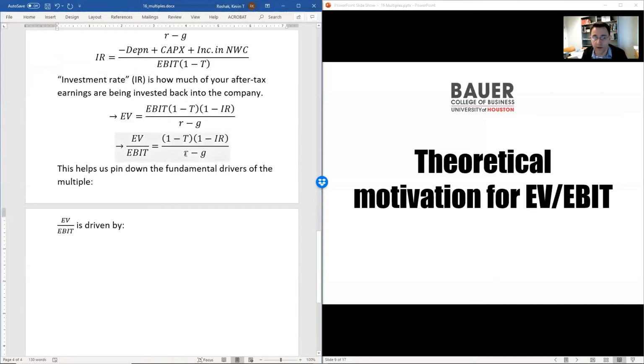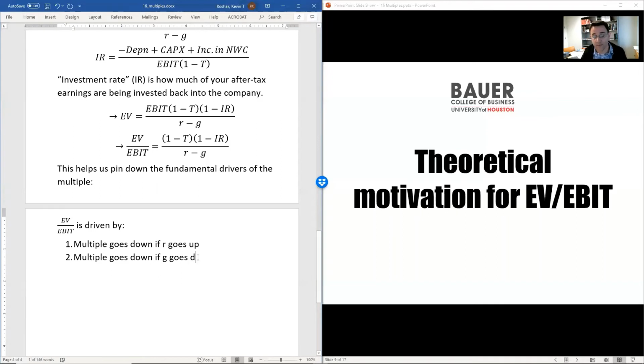In particular, if your discount rate goes up, for example, then your multiple is going to go down. We get the opposite with G. G is the growth rate in your free cash flows.